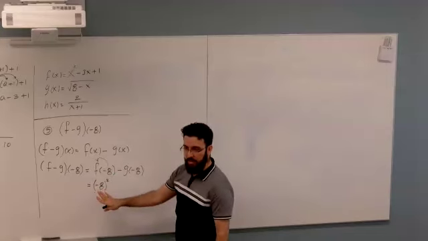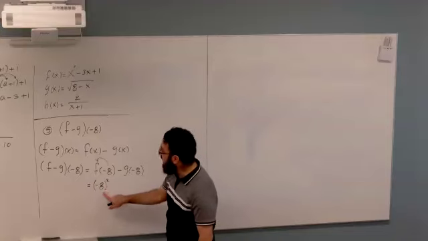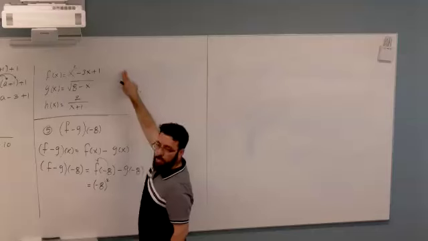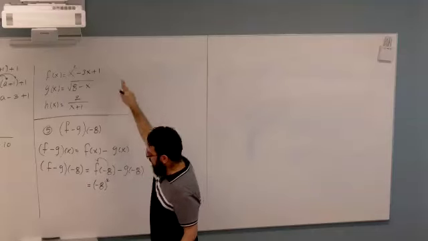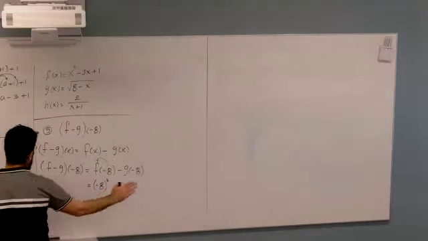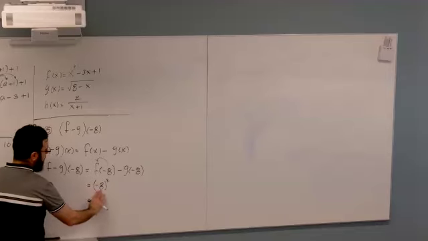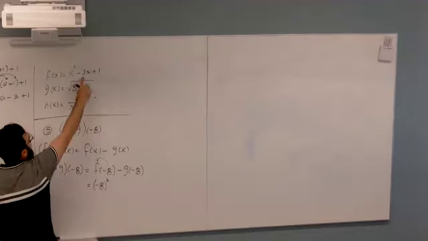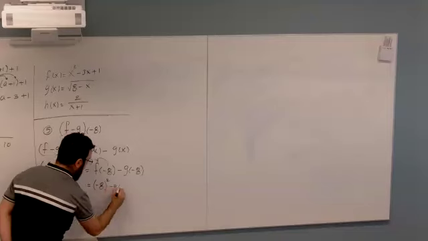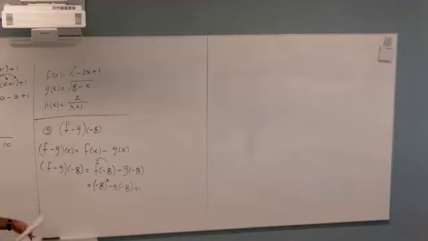You get the idea? You plug in negative 8 in the f function, and whatever the result is, like 5, you put 5 here. You can plug in on the side, or you can plug in here, it's fine. Like negative 8 squared minus 3 times negative 8 plus 1. Is that okay? So this is the first function.